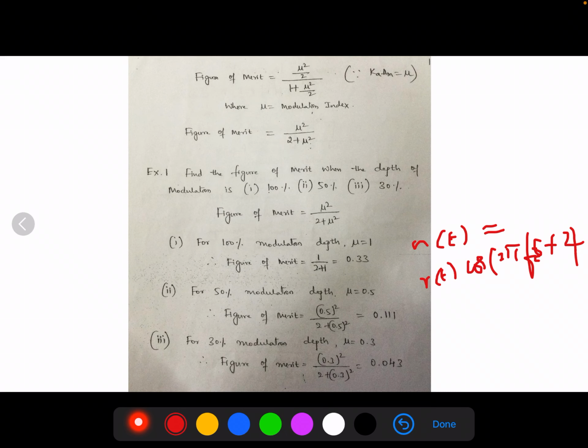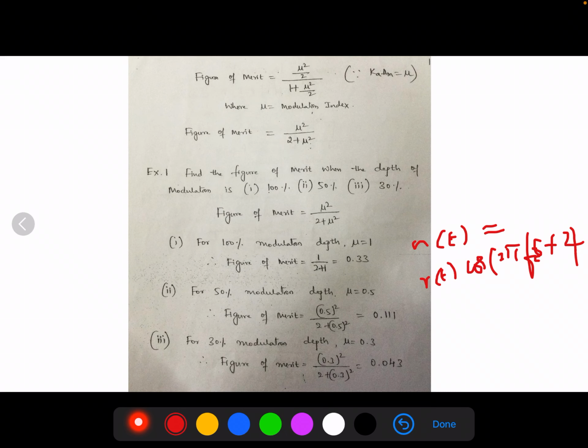So this is about the threshold effect in the AM receiver. In general terms, the loss of the message signal in the output of the envelope detector due to the low carrier to noise ratio, we call it the threshold effect.